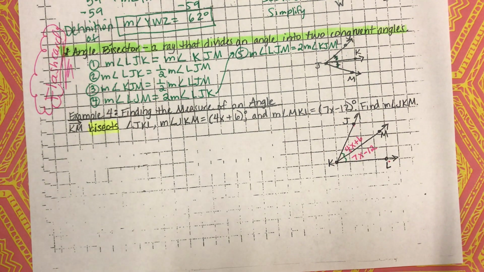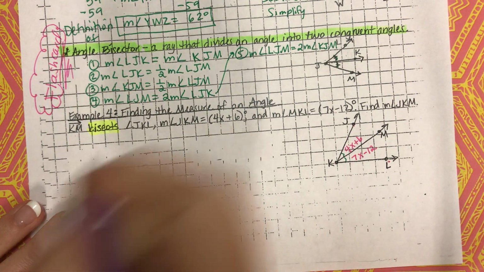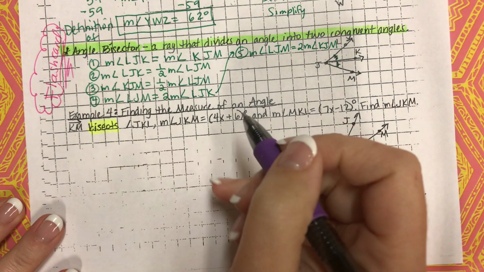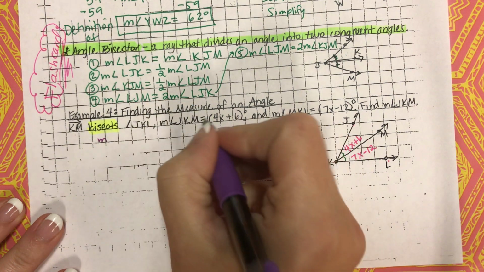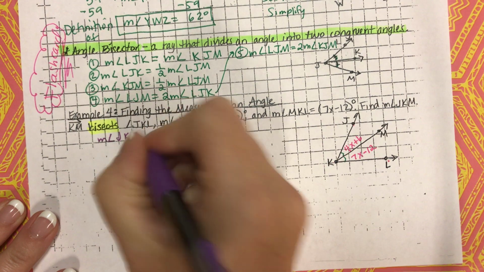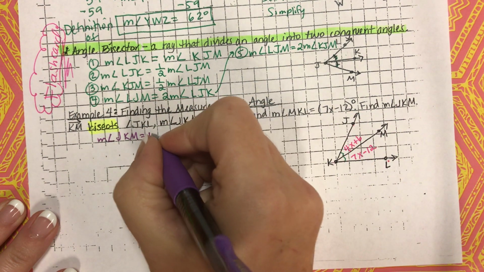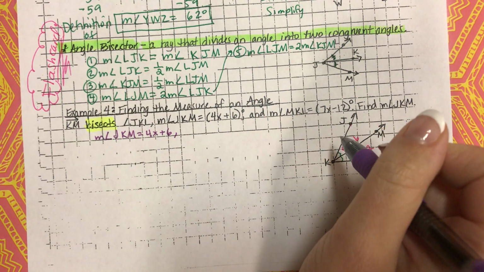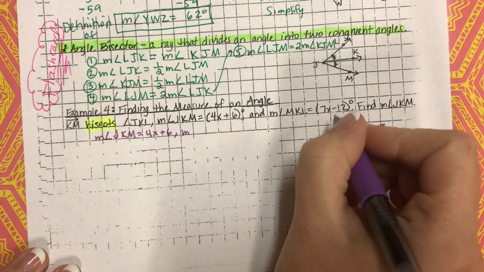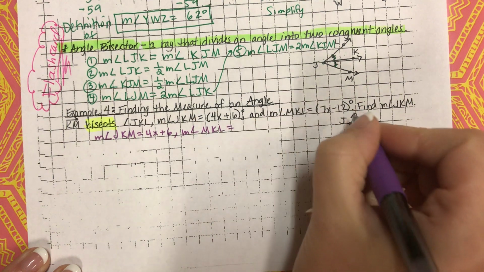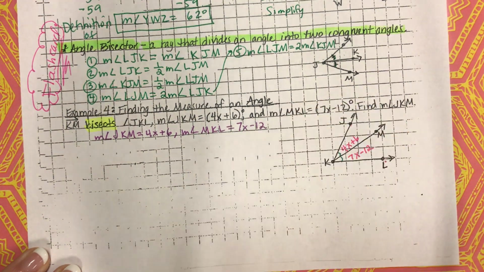First, we need to write down that given information. I'm going to say the measure of angle JKM is equal to 4x plus 6. And it also says that the measure of angle MKL is equal to 7x minus 12.